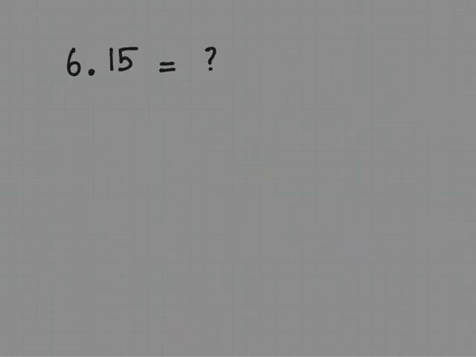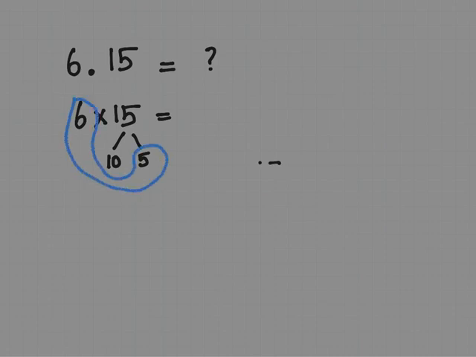6 dot 15 equals what? How can we do this quickly? So what is the meaning of dot? 6 times 15 equals. So this can be simplified as, first let us do 6 times 10 and then let us multiply 6 times 5.